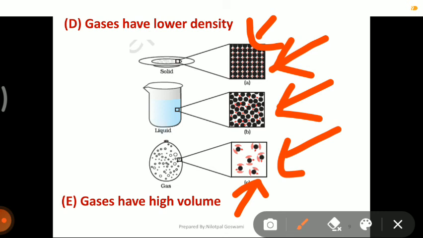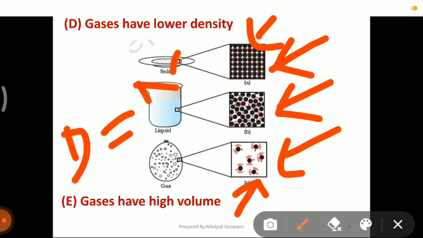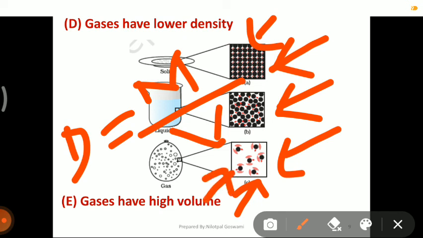So as the spaces increase, the number of particles decreases, the total mass in that unit volume also decreases, and due to this the density decreases. Since the particles of gases have higher space between them, gases have lower density.